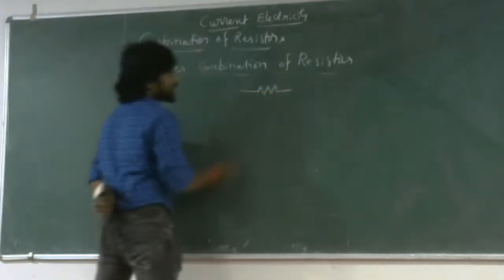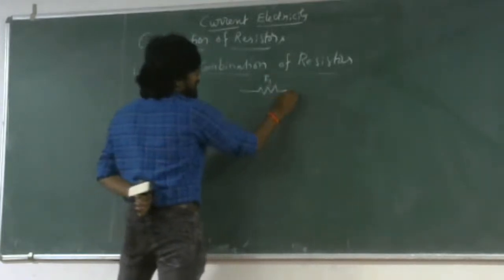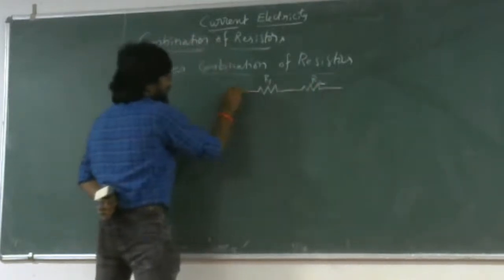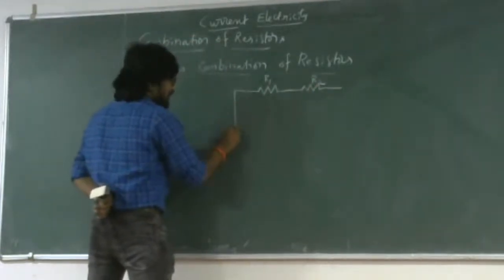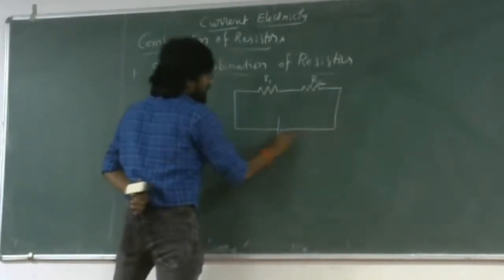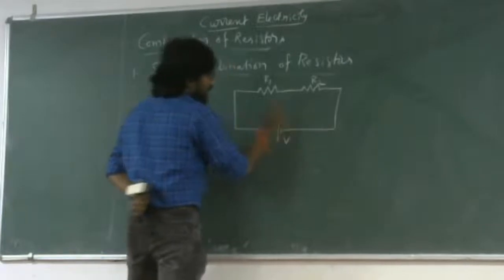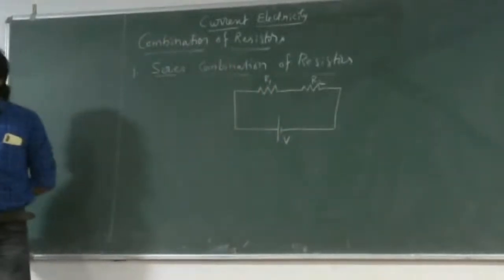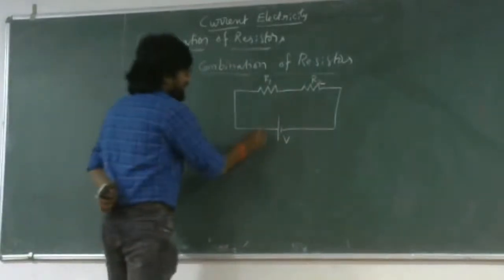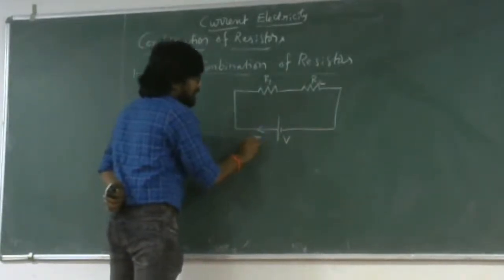Let us consider two resistors of resistances R1 and R2 which are connected in series to a source of EMF, a battery of potential difference V volts. The current I will be drawn from the battery.